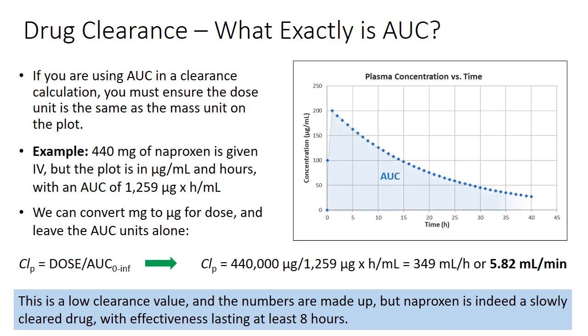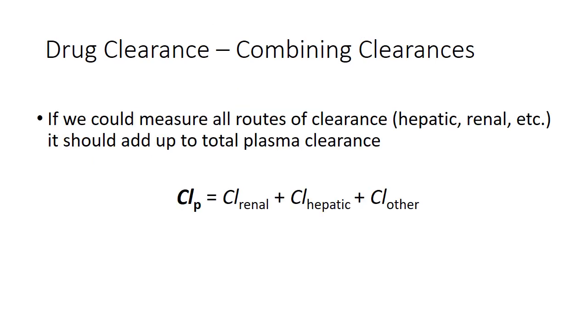So there it is. Okay, what about a more complicated situation? Let me rephrase that. What if we had clearance values for multiple organs? How can we get the plasma clearance from that, right? And the answer is pretty simple. It's just addition here.